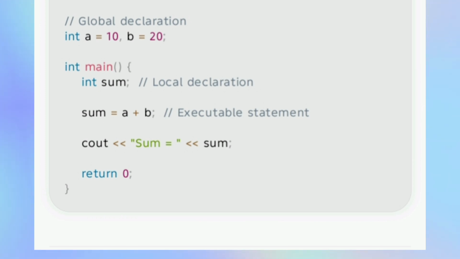Then the global declaration, main method, local declaration, executable statement, print statement, and return type are specified in the document structure of the C++ program.